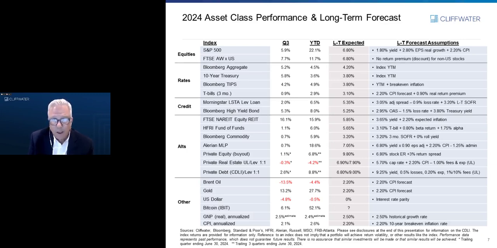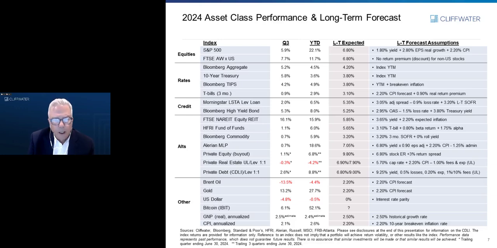Basically, we're expecting mid-single digit, maybe a little bit better returns for hedge funds on a go-forward basis. Commodities, basically not much going on there. MLPs got their bump earlier in the year in the second quarter.